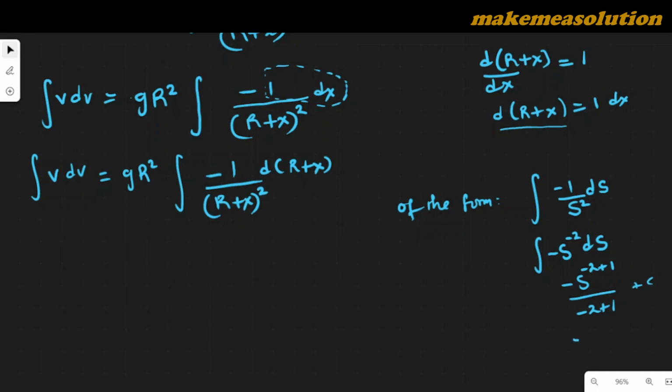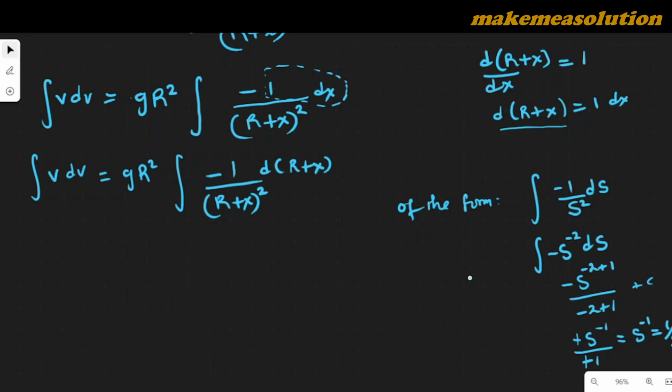So this is minus something raised to the power of minus 1 all over minus 2 plus 1, which is minus 1. So if this cancels out this, you just get left with minus something raised to the power of minus 1, which is 1 over something. So in other words, when you differentiate 1 over something, you're going to get minus 1 over something squared.